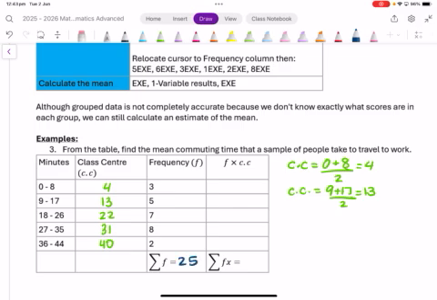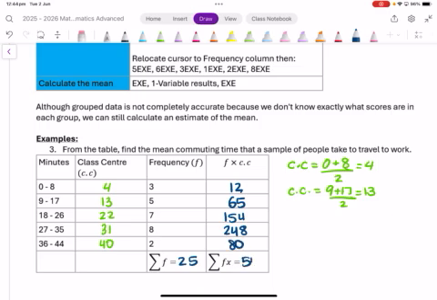And then our F times our CC is our class center column times our frequency column. So 3 times 4 is 12, 13 times 5 is 65, 22 times 7 is 154. We have 31 times 8 is 248, 40 times 2 is 80.